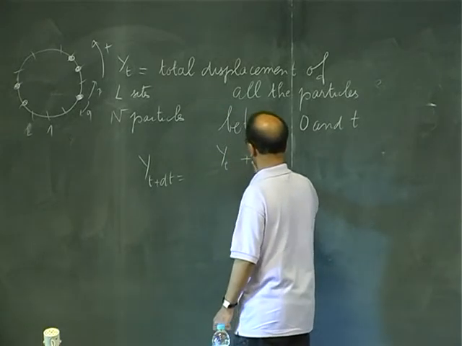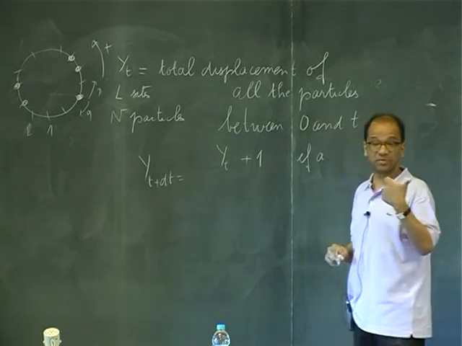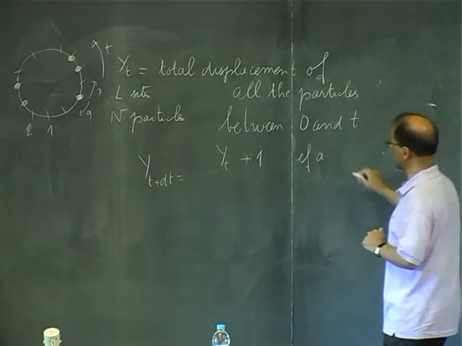So YT plus DT is equal to YT plus 1 if a particle jumps forward, in the positive direction. Between t and t plus dt, only one particle can jump, because two jumps are dt squared, not possible.